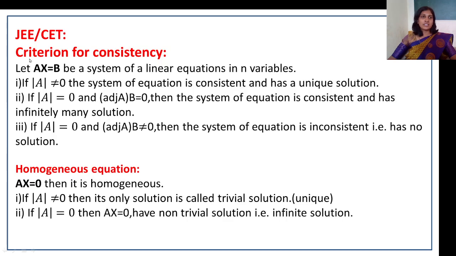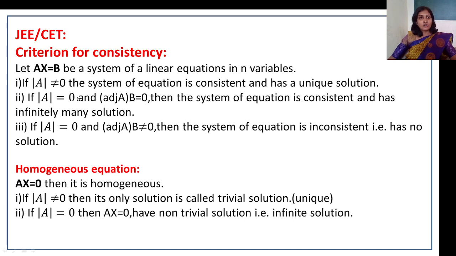Then next some points which is useful for JET and JEE and CET examination. So this is the criteria for consistency. Suppose Ax is equal to B. Given equation is of the form Ax is equal to B. Then if determinant of A is not equal to 0, then system is consistent and it has unique solution.